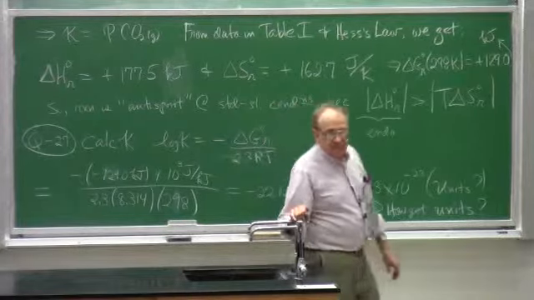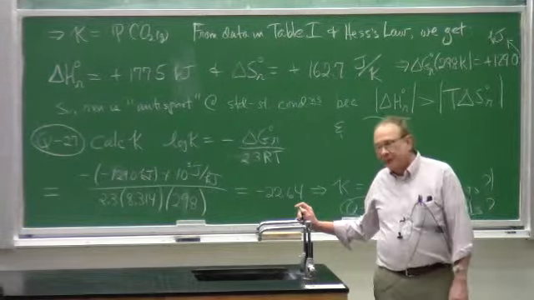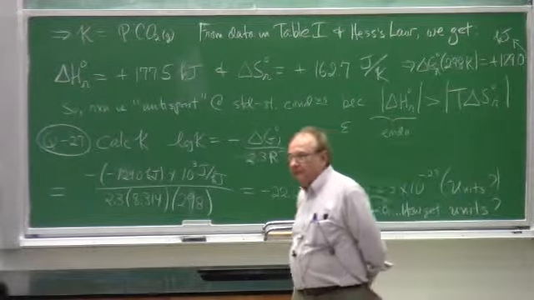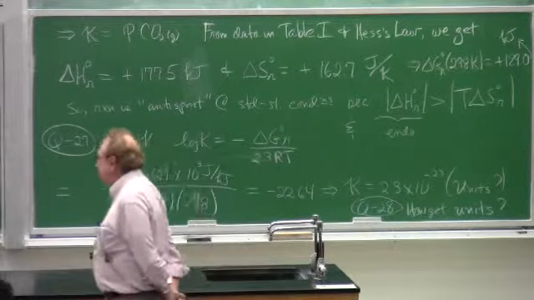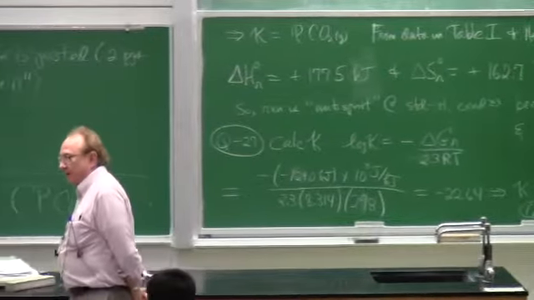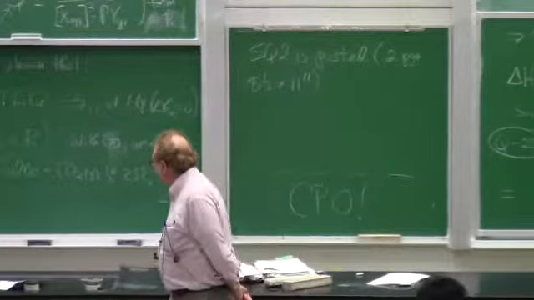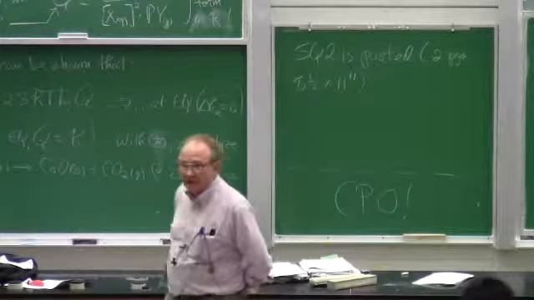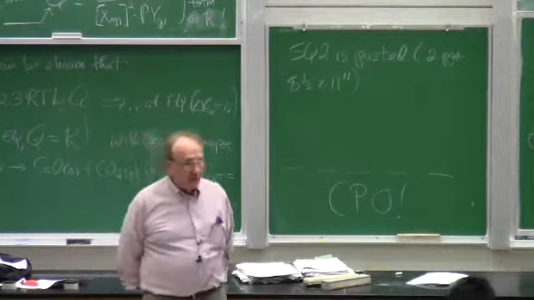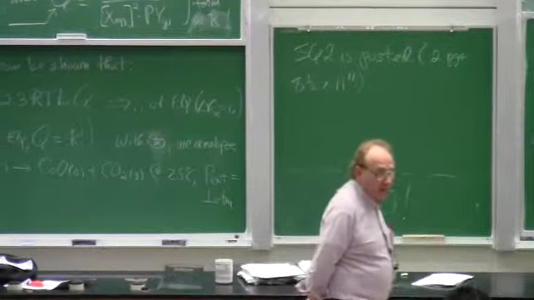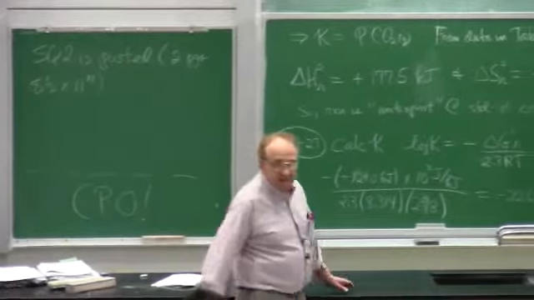And look up delta H sub F super 0 for each component of this reaction system: calcium carbonate, calcium oxide, CO2. Well, we can look all those up in table 1. You can do this for arithmetic practice.